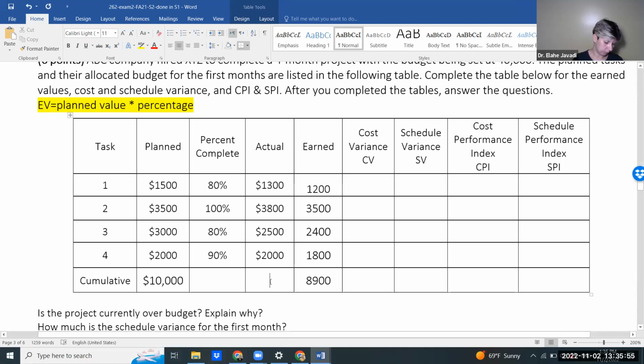This one doesn't have a total. We need that later. I got 9,600. 9,600. Let me put that there. I'm gonna look at it quickly.